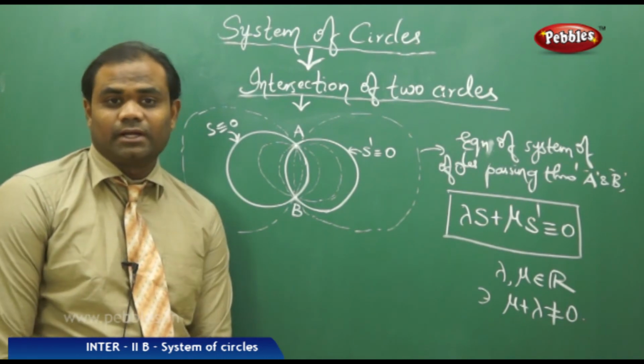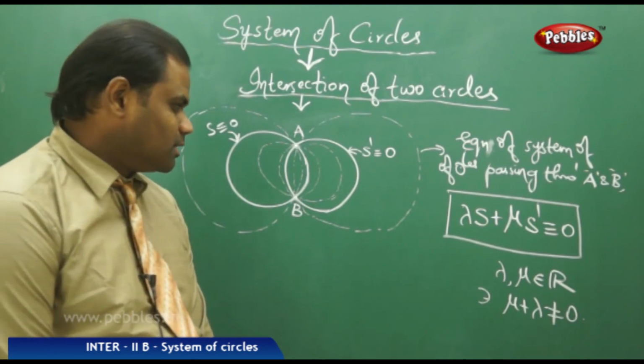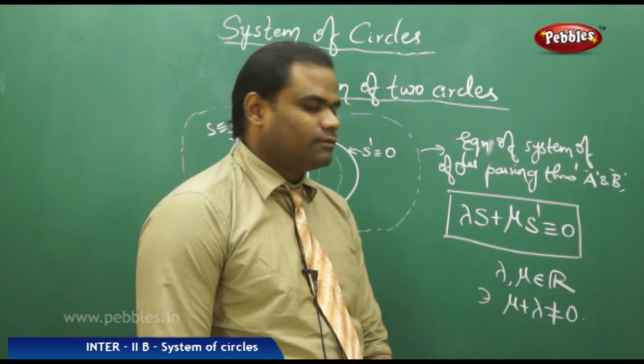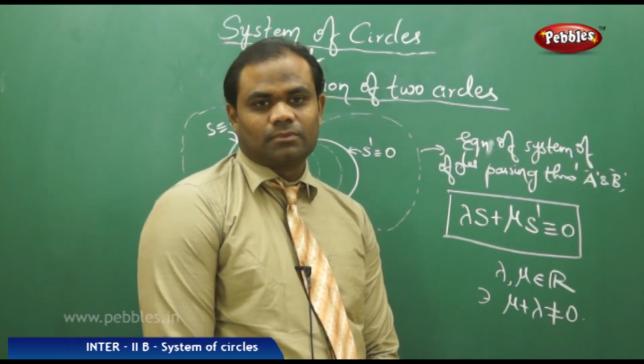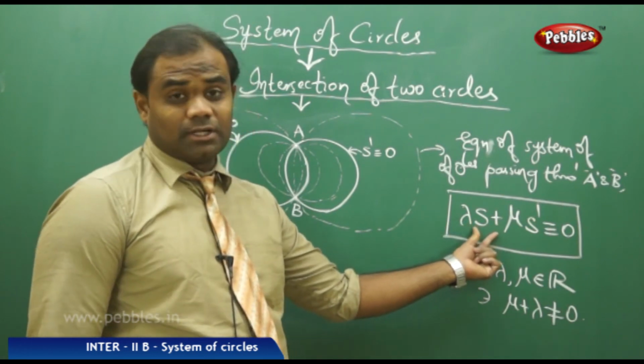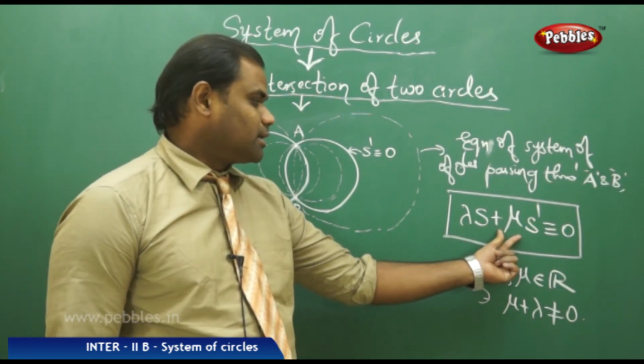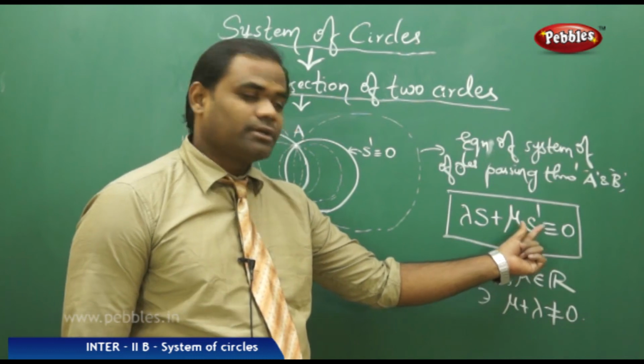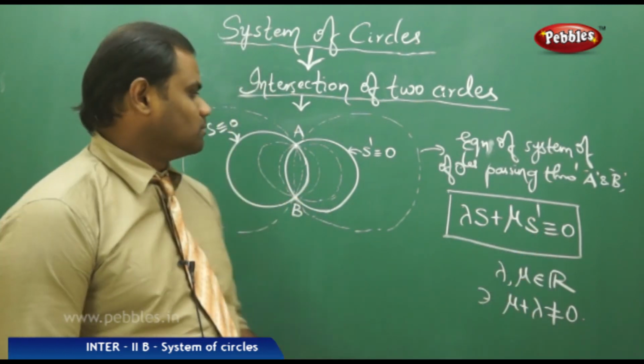That is how we take the condition. The parameters here are lambda and mu, which define the system. Lambda is associated with the circle S equal to 0, and mu is associated with the circle S dash equal to 0.